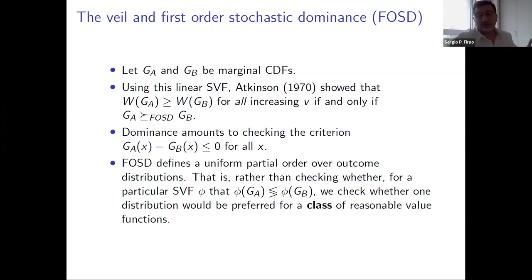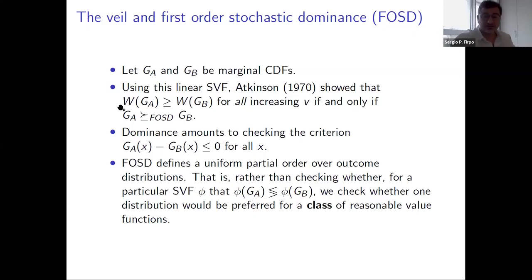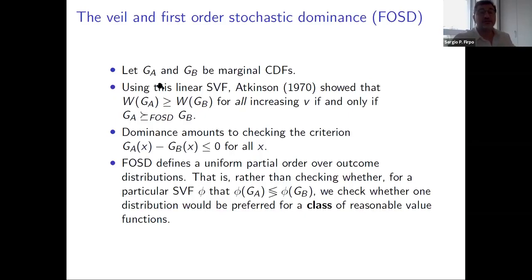If you apply Atkinson's theorem, he showed that for all increasing V functions, this criterion, in that case the expected utility function, or the expected value function, will be greater under GA than under GB, so you prefer GA, if and only if GA first-order dominates GB.